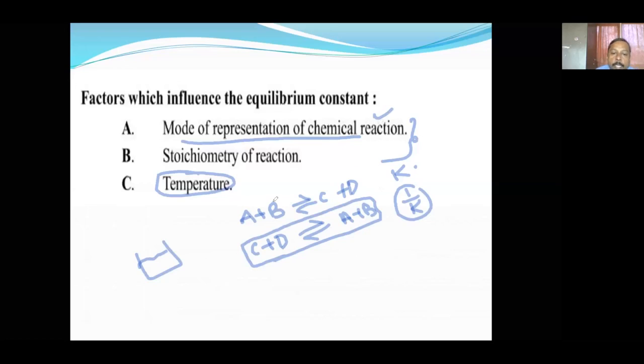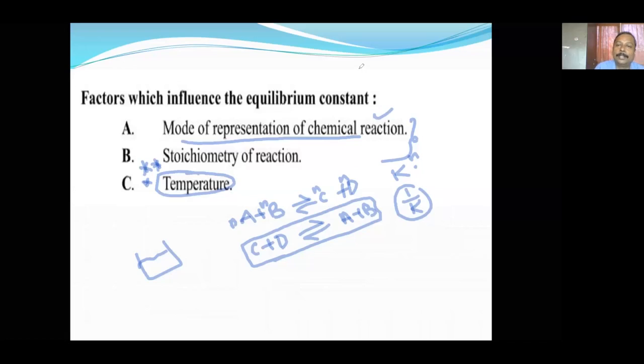Next, stoichiometry. Just now I told you if I multiply the reaction with some number, then the equilibrium constant will also change, and temperature. I agree that temperature is important, but I don't agree that these others are not important.